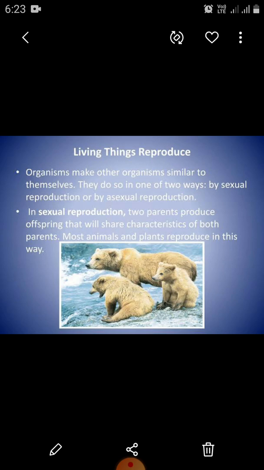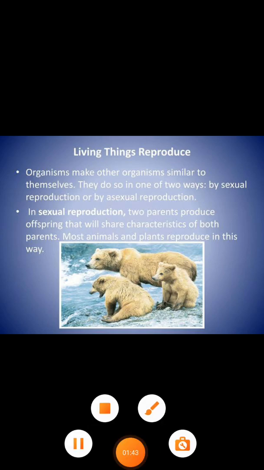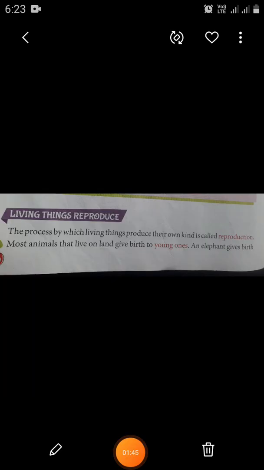In sexual reproduction, two parents produce offspring that will share characteristics of both parents. Most animals and plants reproduce in this way. The process by which living things produce their own kind is called reproduction.